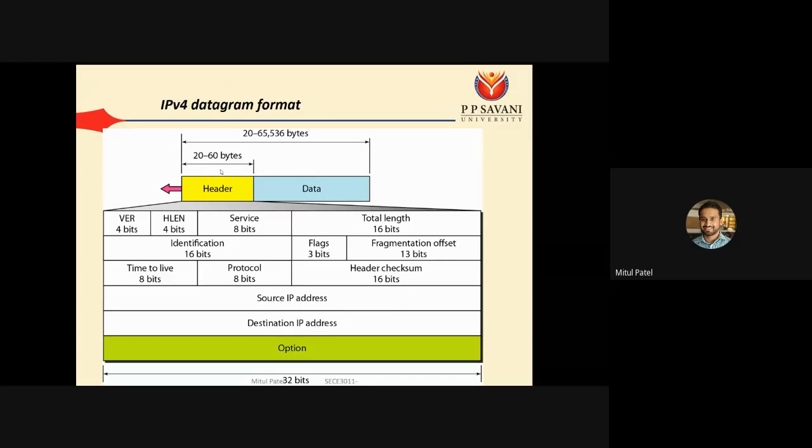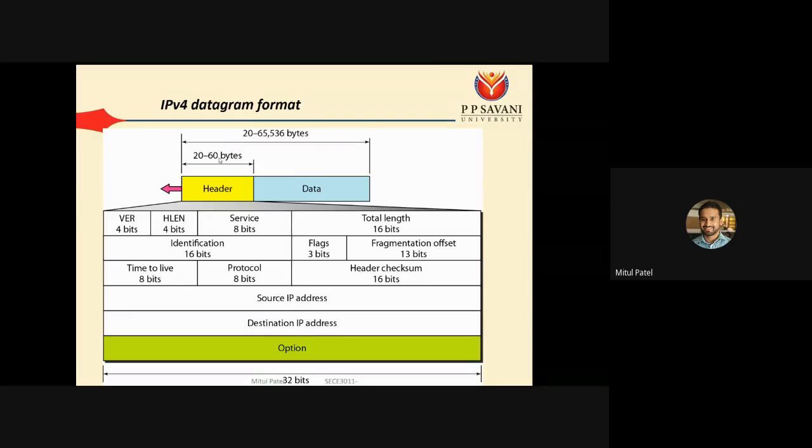We can't represent that much size using 4 bits. So what they have done is divide this size by 4. Let's say the minimum size is 20. If we divide 20 by 4, the value is 5. So we can set this 5 here, and we can represent this 5 with 4 bits.